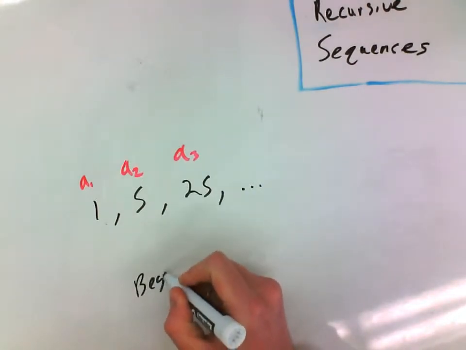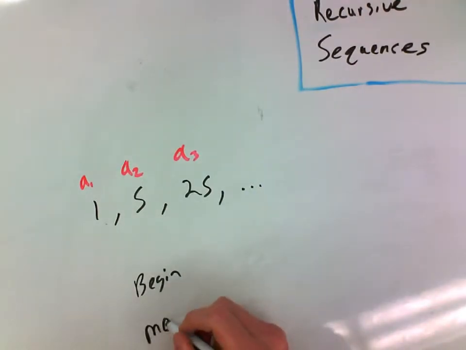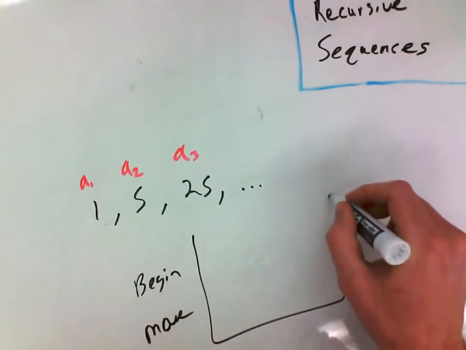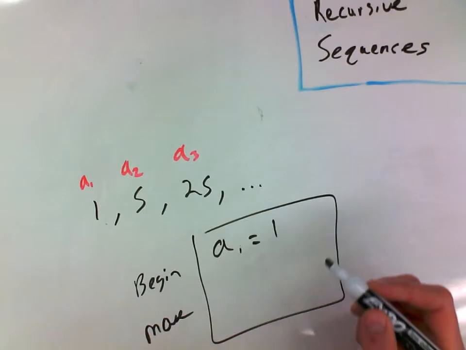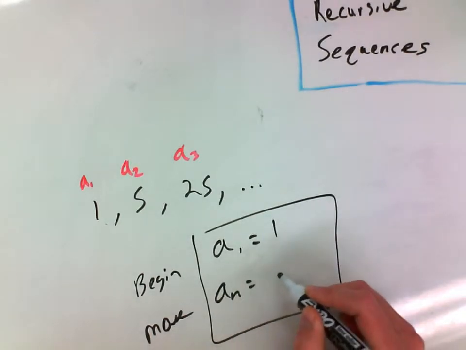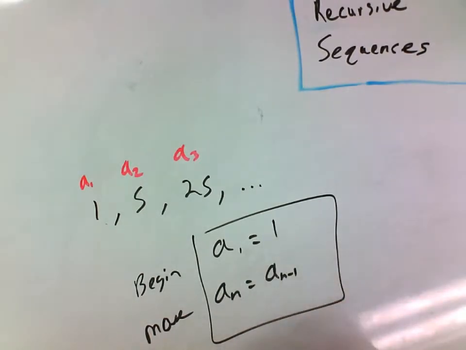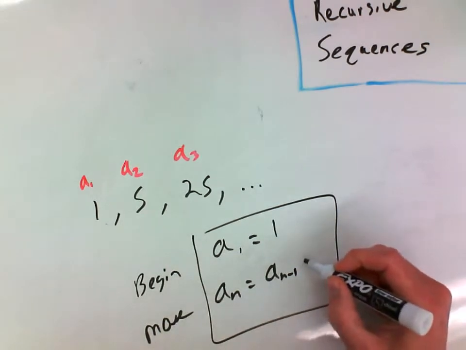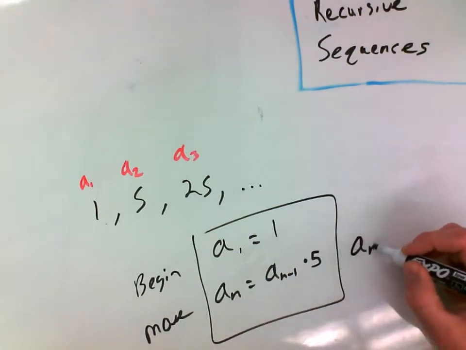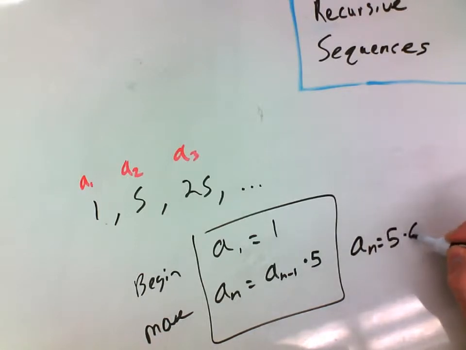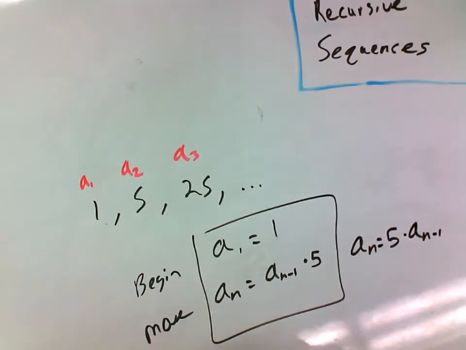I need to figure out how to begin and how to move to the next term, right? And this is my function that's going to do it. I begin at 1. How do I get to the next term? Well, I'm just going to take the term before it, and each time I'm multiplying by 5. So you could write it like that. An alternate way to write that is you could say 5 times a sub n minus 1. Just because multiplication, it doesn't matter which order you do it in.